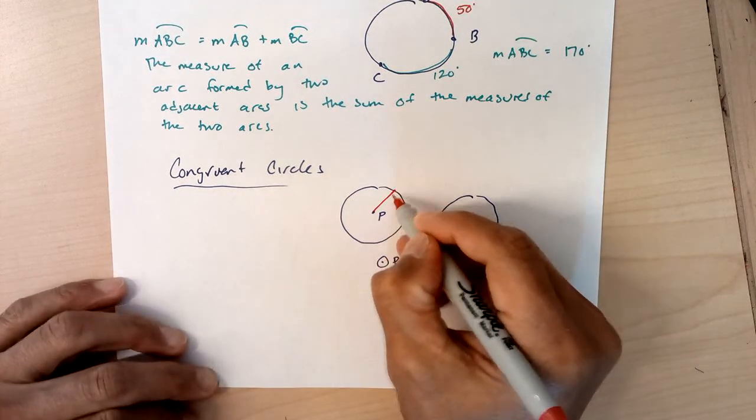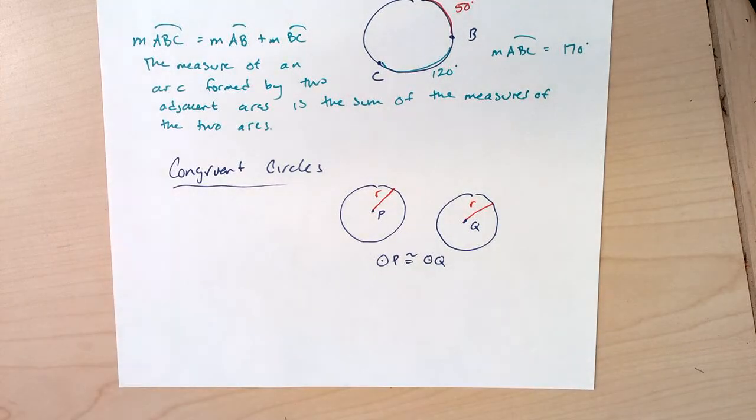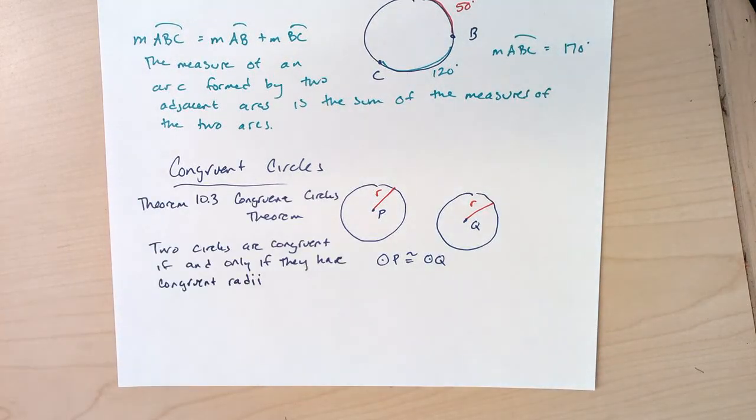So if I have a radius here, R, then the radius of circle Q would have to have the same length. So there's the congruent circles theorem. These two circles are congruent because they have congruent radii. You could also say that the circles could be congruent if they have congruent diameters, but really it's implied: if the radii are congruent, then the diameters are congruent as well.